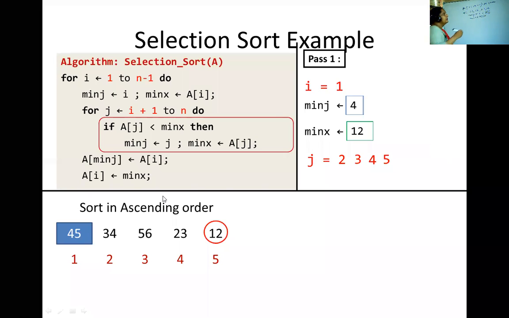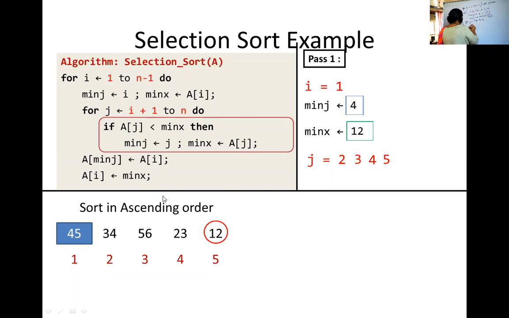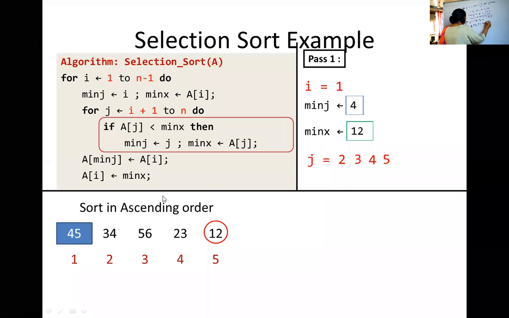Now see, n equals 5. So for j equal to i plus 1 to n, if a of j is less than min x. Here j starts from location number 2, where the elements are at positions 1, 2, 3, 4, 5.